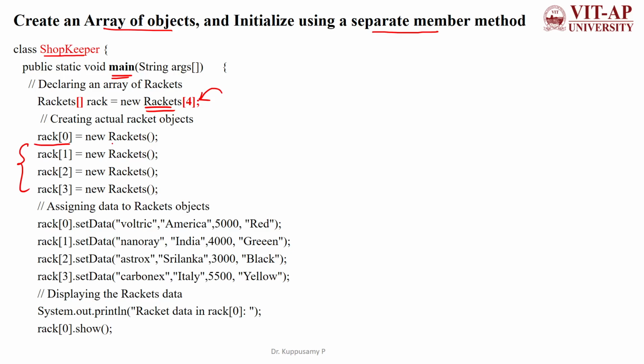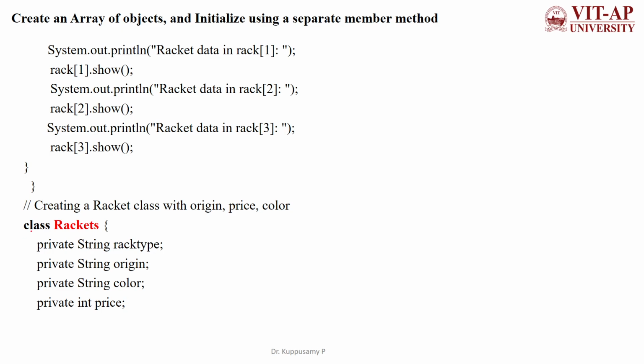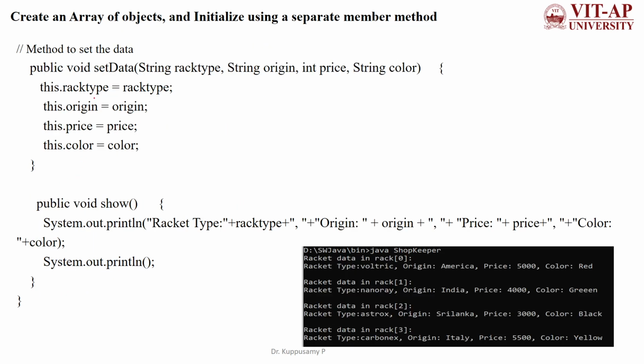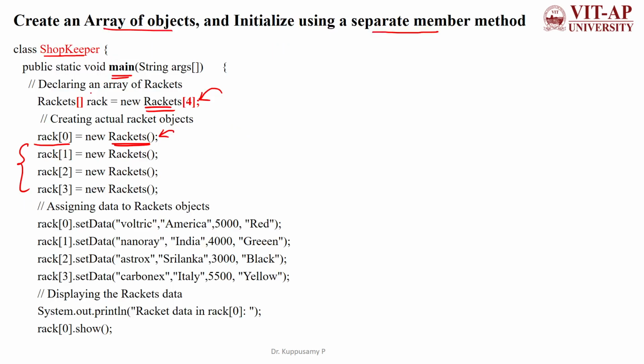Okay, so the first one, you see, just we are calling the default method Rackets. That Rackets method is just a default constructor, we are not passing any values. So 4 variables are created for array objects.